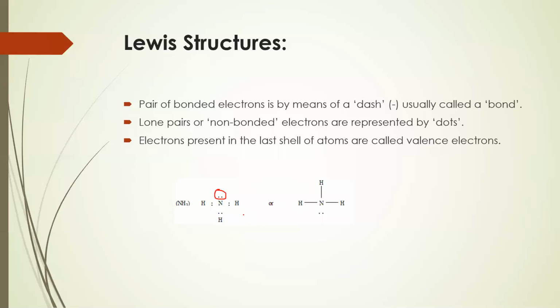And here you can see that out of 5 electrons, 3 electrons of nitrogen are utilized for bonding with the hydrogen atoms by sharing 1 electron from each hydrogen atom, whereas 2 electrons are still not utilized in bond formation. Hence, this is a lone pair of electrons.